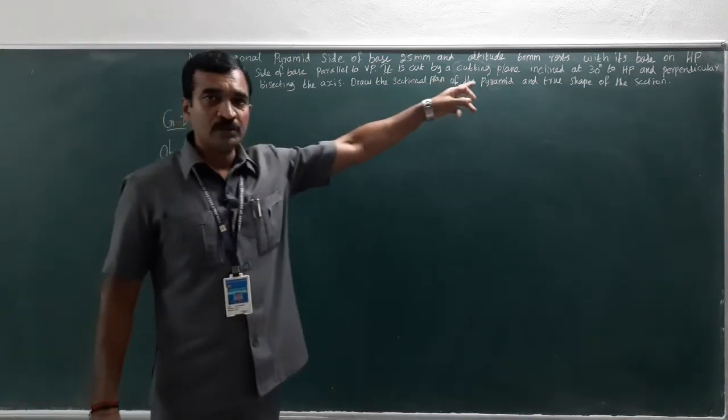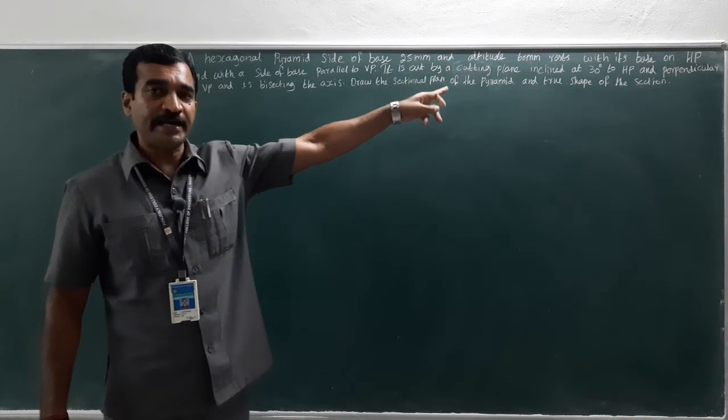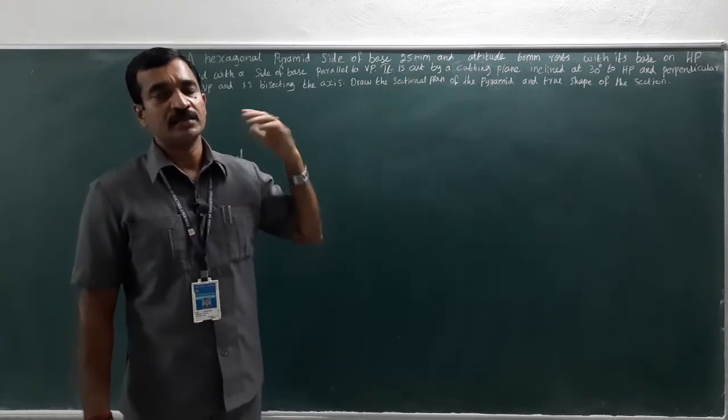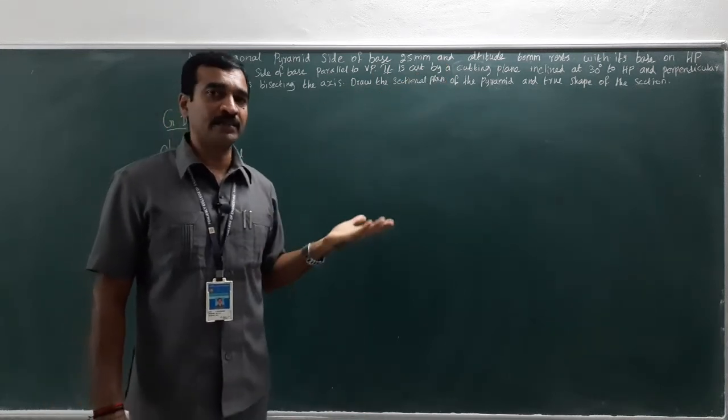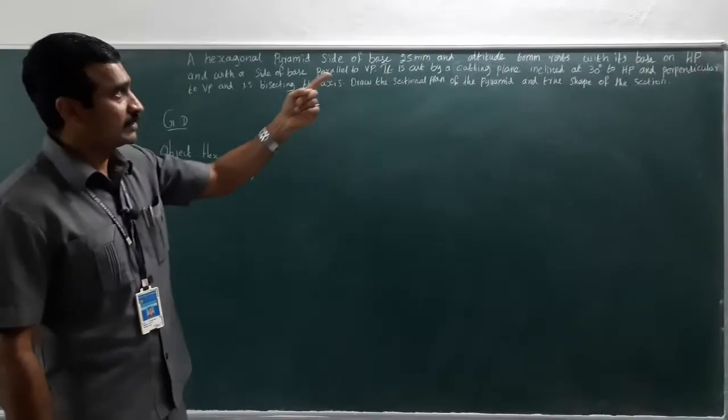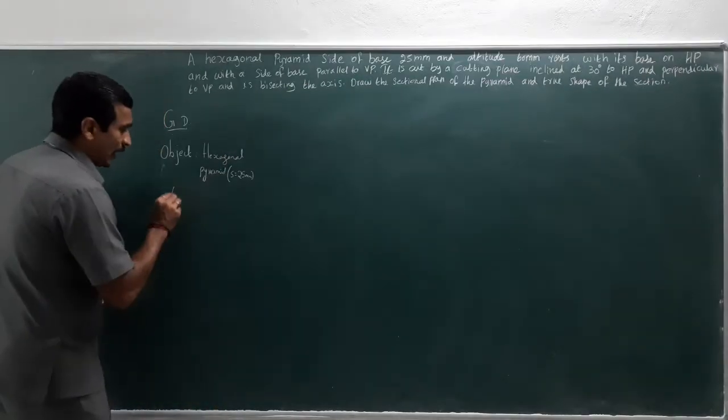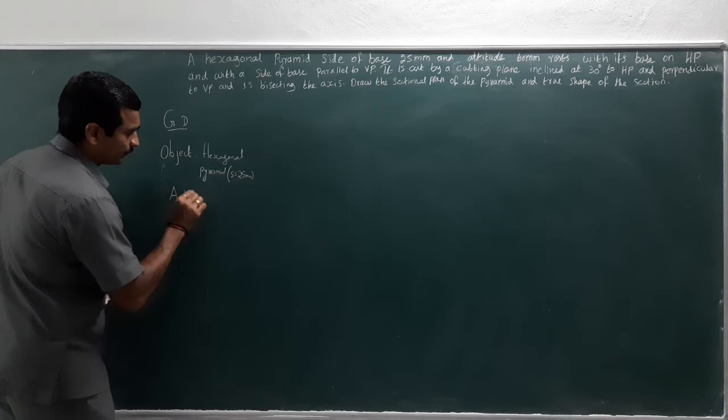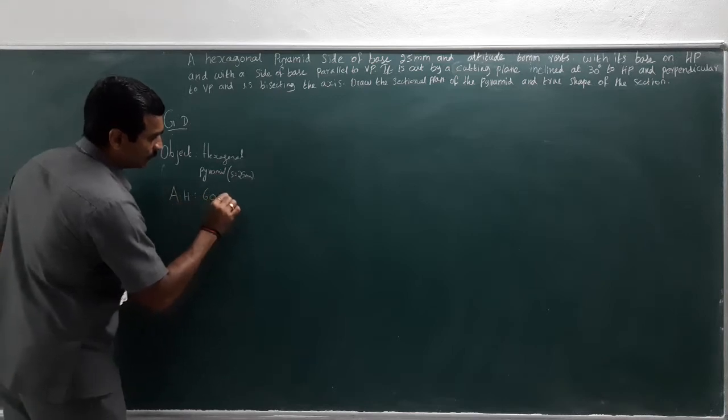And the altitude is nothing but the height, axis height, or axis length, whatever. So it represents the axis height. So axis height is 60 mm.